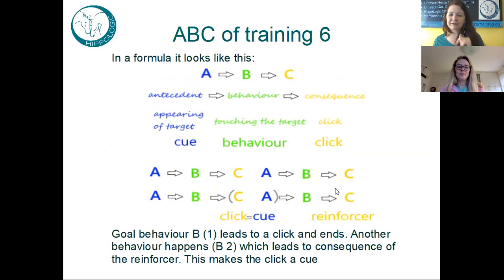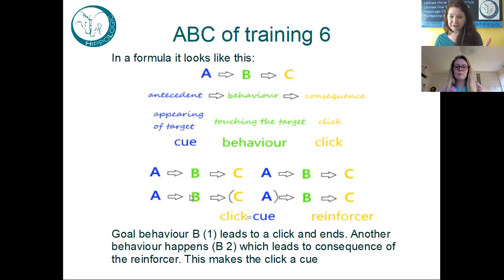And also, if you have repetitions, even if you click or don't click and give a reinforcer, and you repeat it, then it's also antecedent, behavior, consequence, antecedent, behavior, consequence. But the consequence of this behavior becomes the antecedent, the predictor, for behavior B. So goal behavior B1 leads to the click and ends, because that's maybe touching the target.